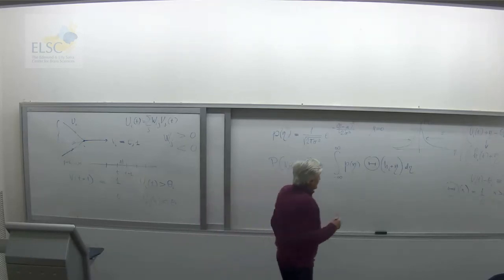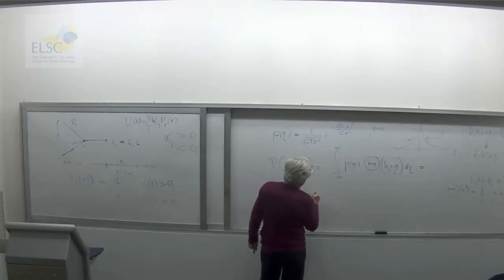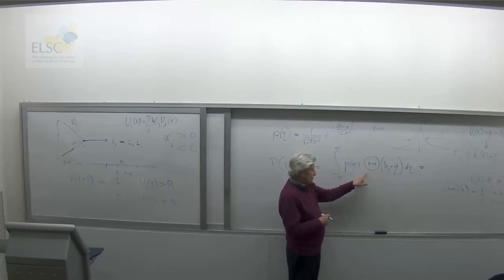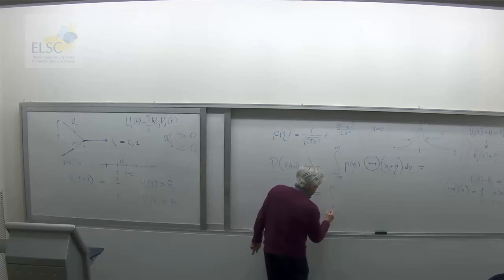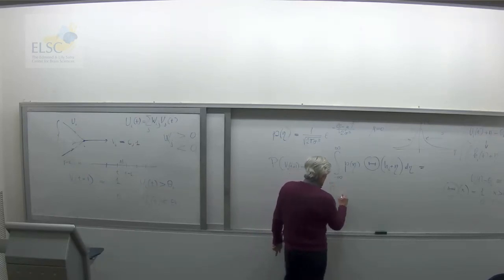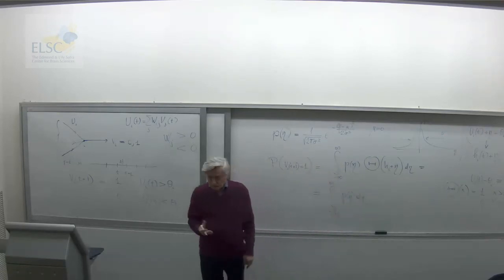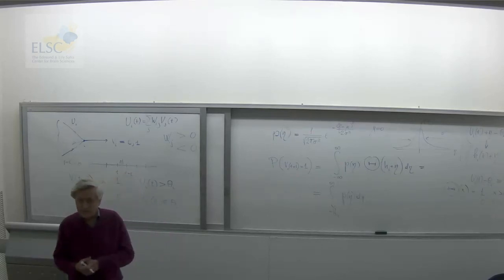So what this tells you is that you get contribution to this integral only when eta is larger than minus hi. So what we now have to do is to just perform this integral and we are done.